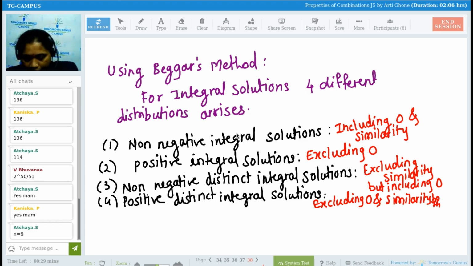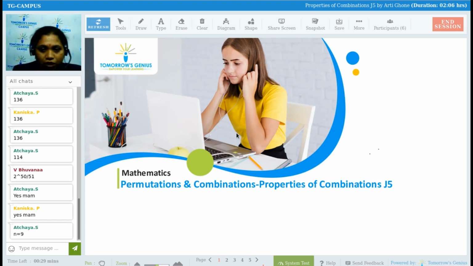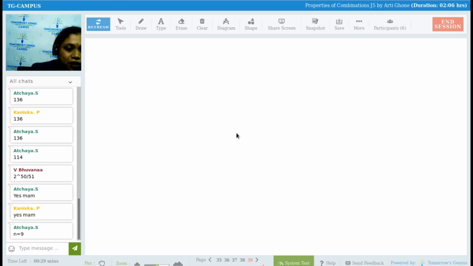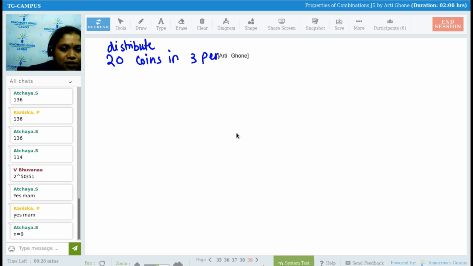For example, I am giving one more example to make you understand this. If I want a distribution of 20 coins among 3 persons, what will be the answer?